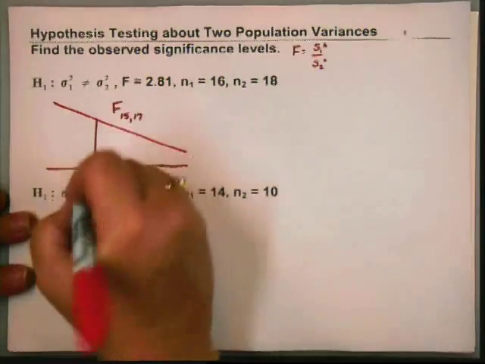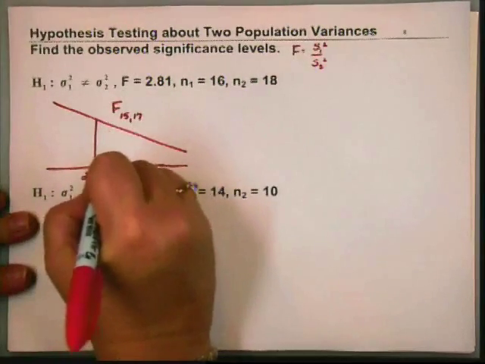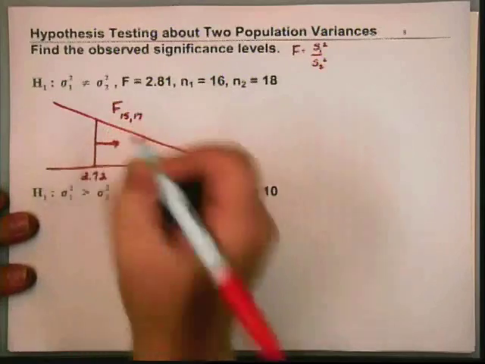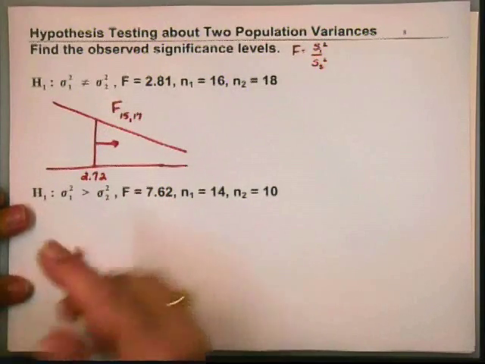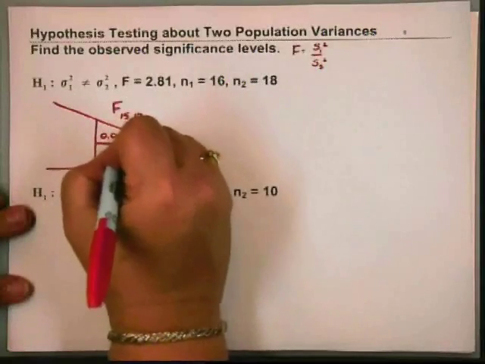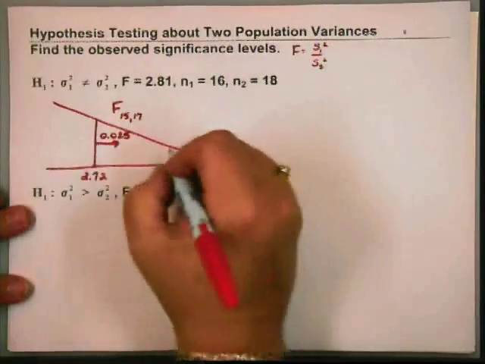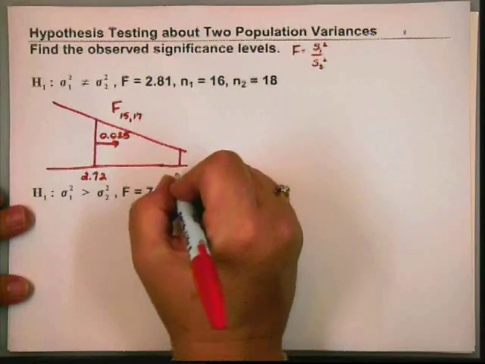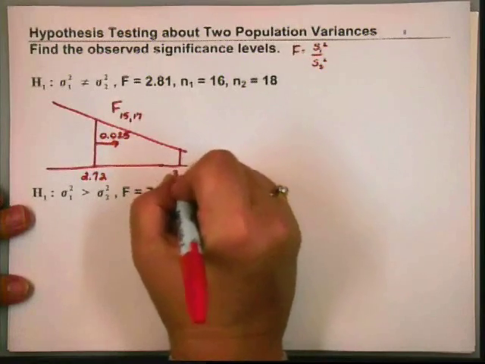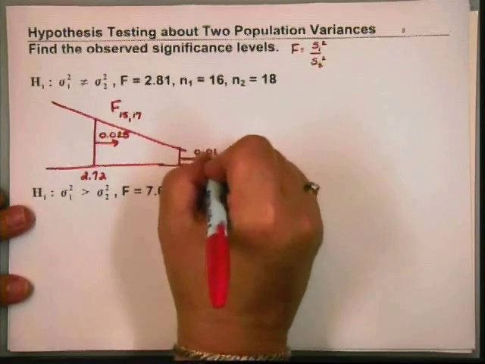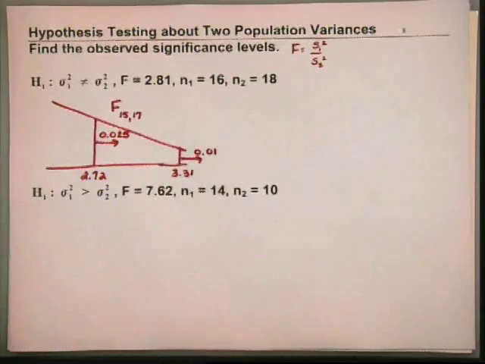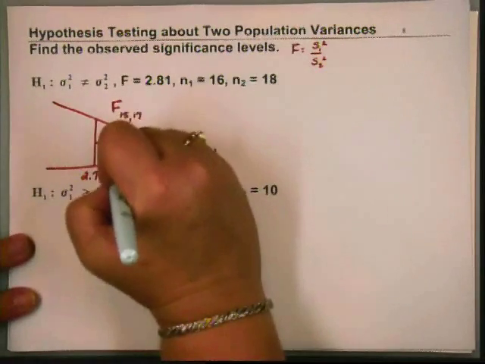You should find the value 2.72 that determines the right-hand area of 0.025. Then you should find the value 3.31 that determines the right-hand area of 0.01. Agreed? Our 2.81 is in here.